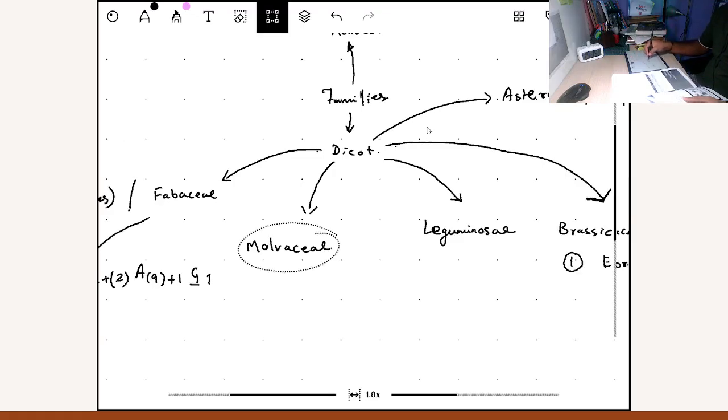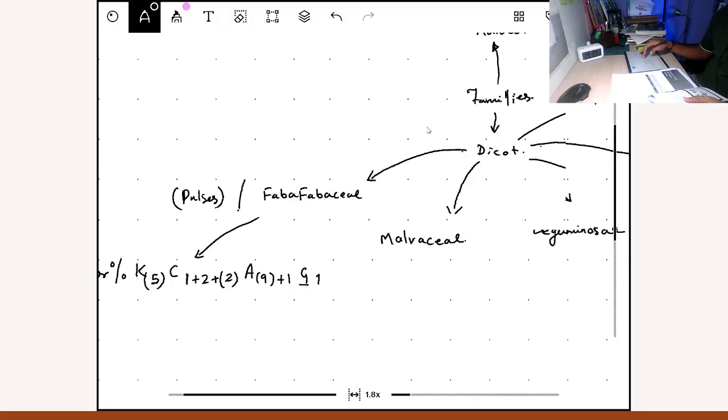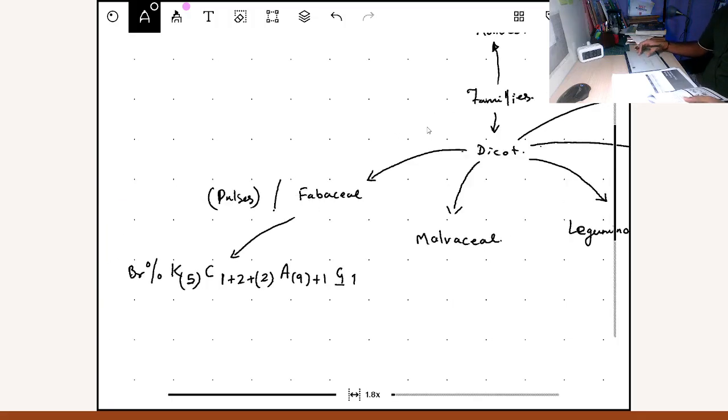Our purpose is to memorize this based on differences between them, which is actually going to help us further.